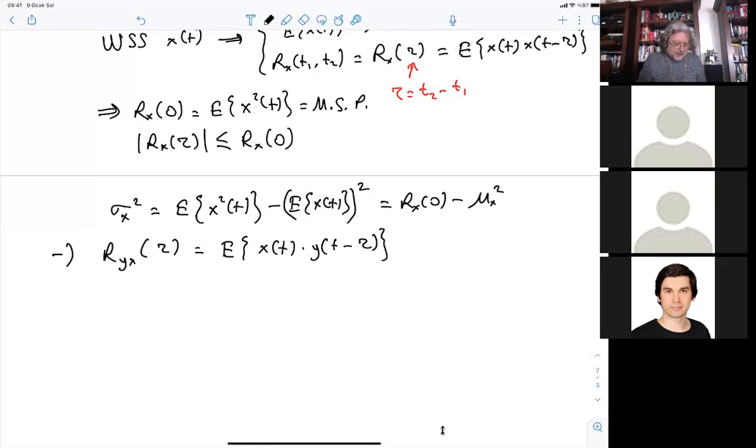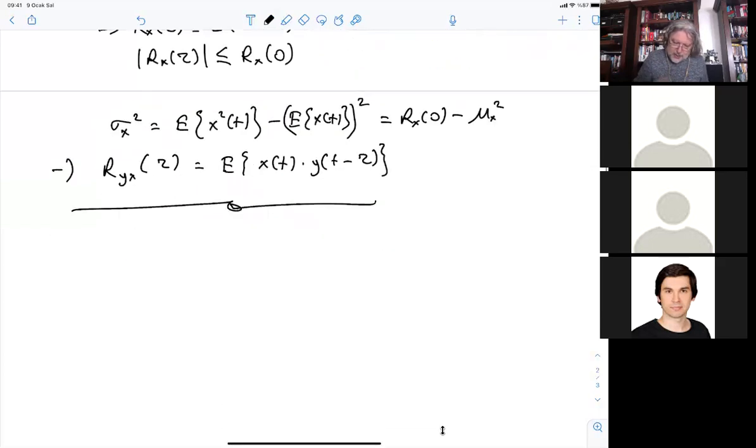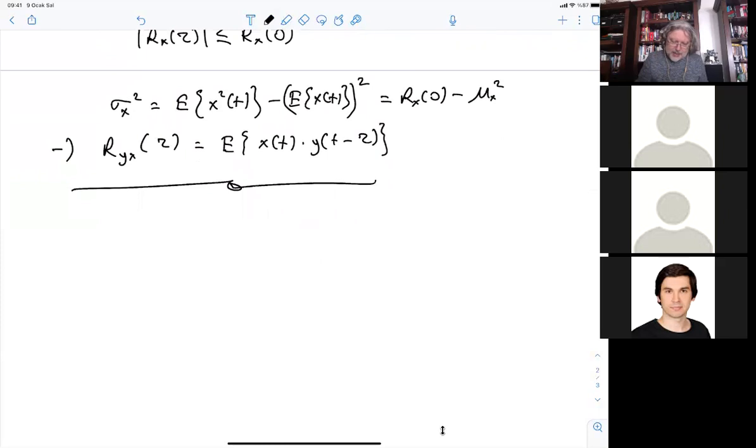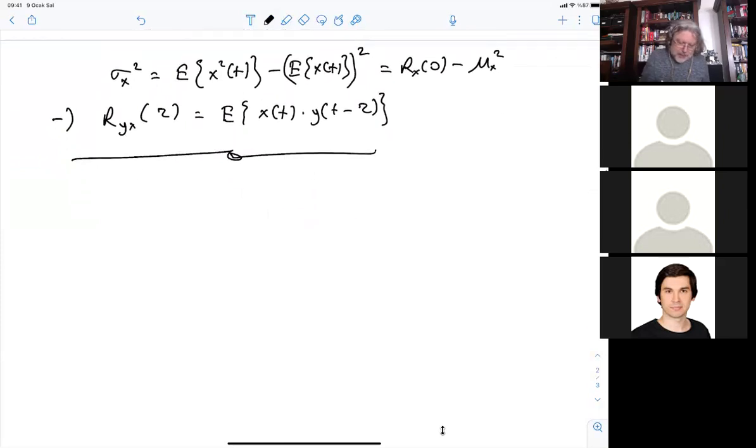First, let me put an end to the layout and mention one thing. If you have x of t with mean mu x, and you obtain y of t, which is x of t minus mu x, which means the removal of the mean, it becomes zero mean.